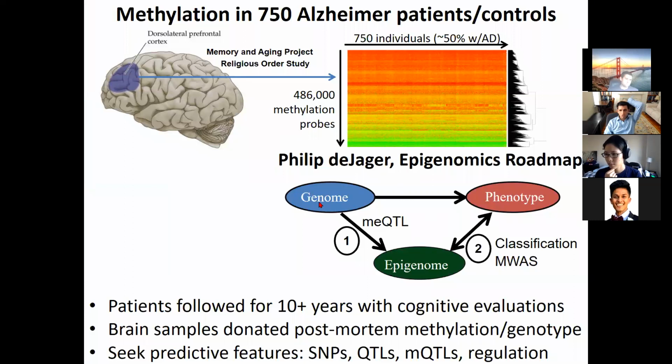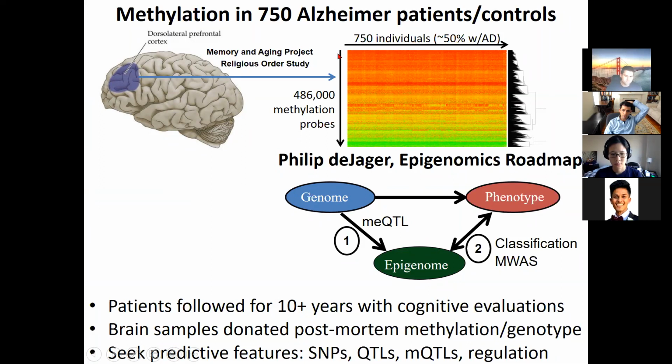So again, as I mentioned earlier, this is looking at the relationship between genetic variation, intermediate phenotypes, and ultimately disease phenotypes. This is a collaboration that we've had for many years now with Phil de Jager, as well as David Bennett, in the context of the Memory and Aging Project and the Religious Order Study. We've been looking at methylation, expression, and a bunch of other molecular phenotypes across hundreds of Alzheimer's patients and controls, and looking at how the methylation level of hundreds of thousands of regions in the genome varies across individuals.